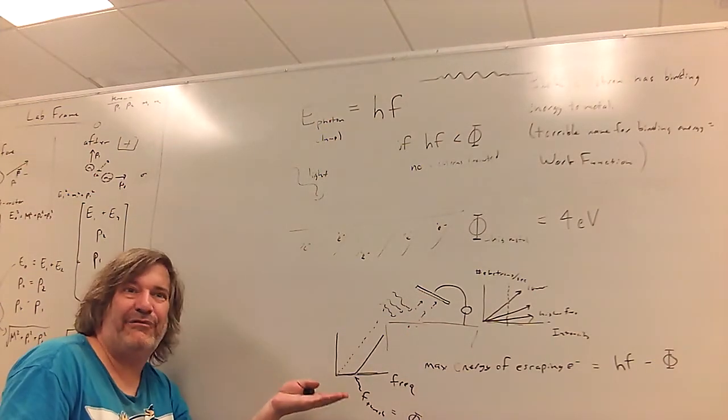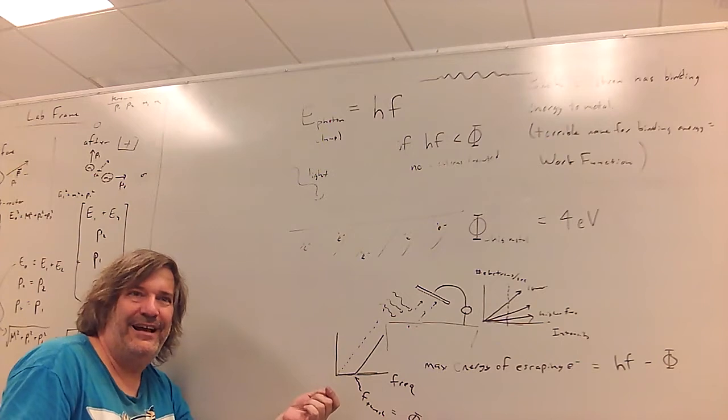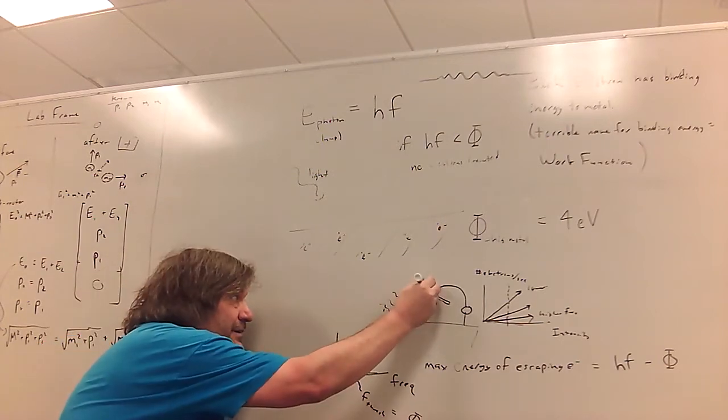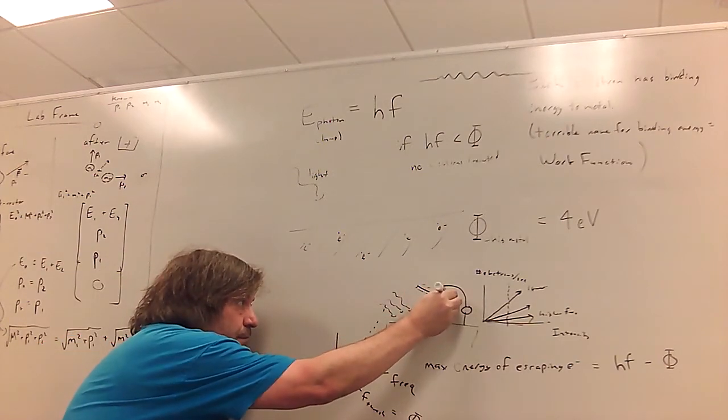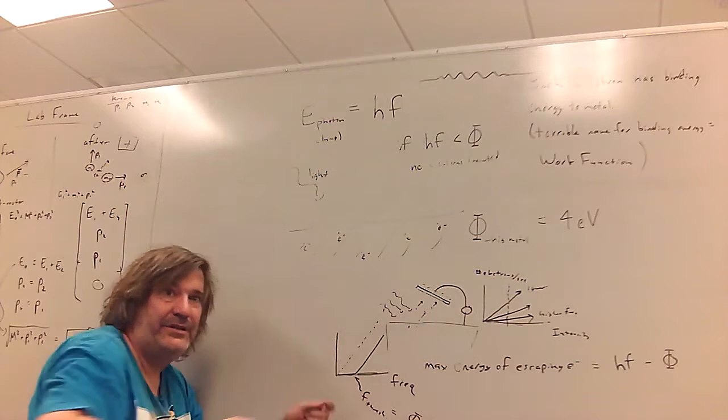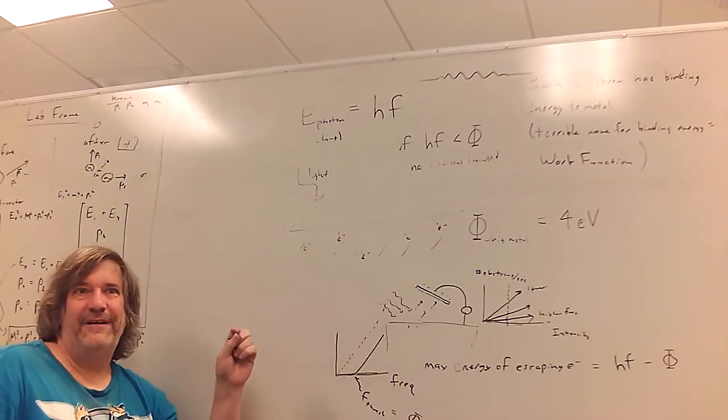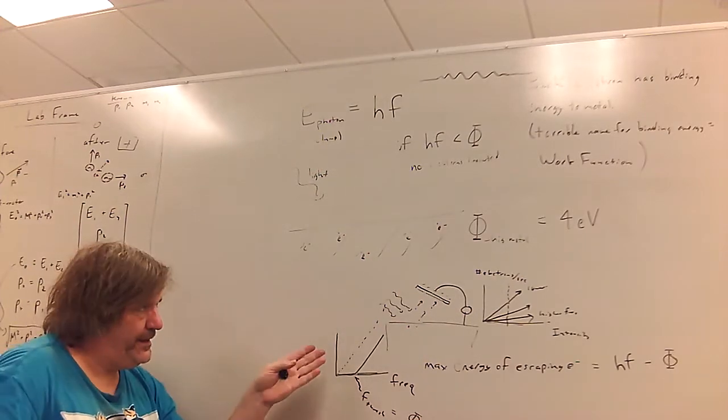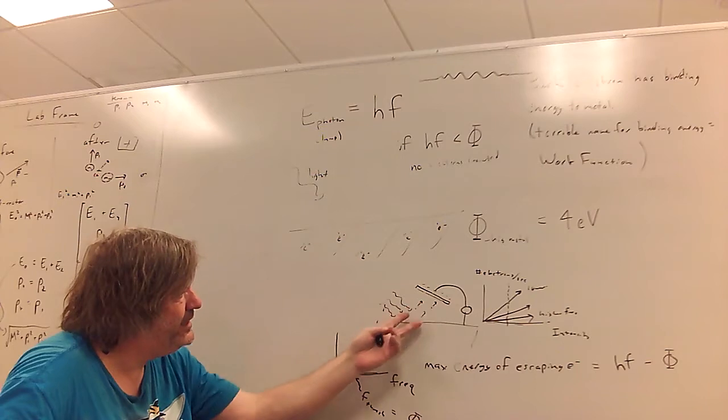Yeah. You'd say the energy of an escaping electron, actually what you'd usually find is there could be a whole range of different energies that escaping electron could have.